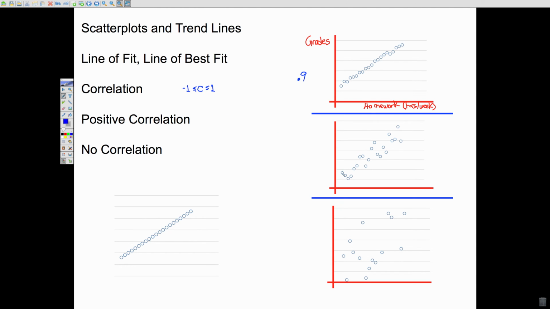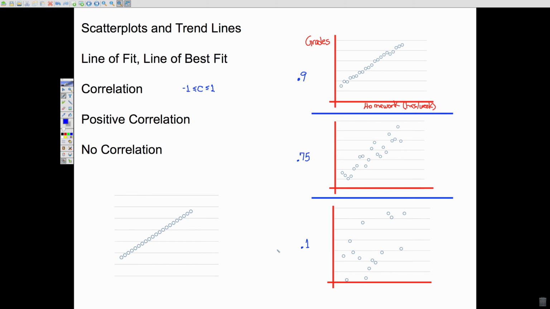In the second graph, the correlation is lower, but it's still positive, so it's going to be a positive number, but the correlation I would estimate is somewhere in the neighborhood of 3/4 or 0.75. And in this last graph, we would say that there is very little correlation. There might be a little bit, so we might say that this correlation is around 0.1.